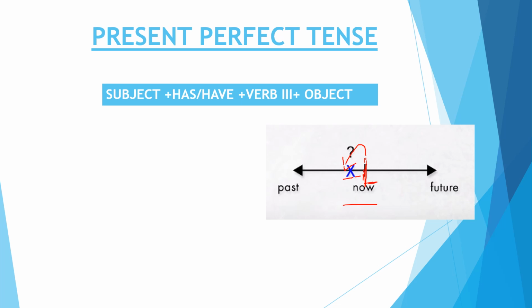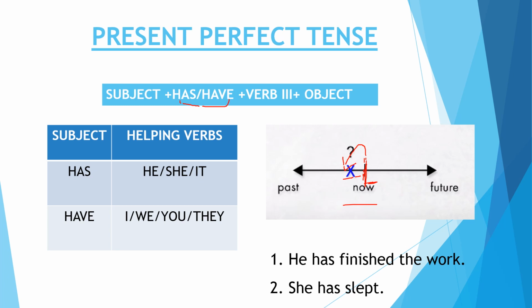In the present perfect tense, we use has or have with the subjects I, you, we, they, he, she, it. With he, she, it, the singulars, we use has, and with I, you, we, and they, we use have.